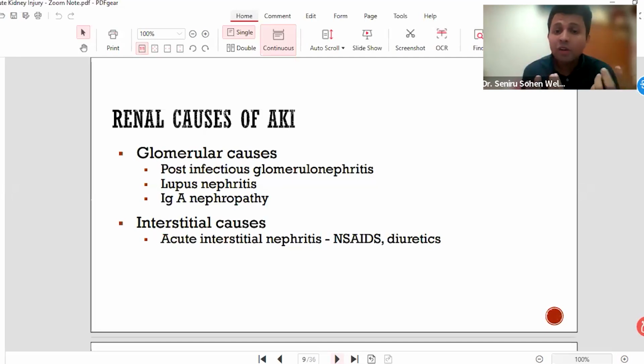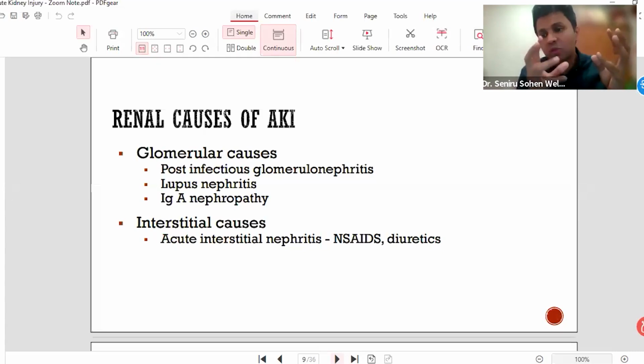That is, they would not have that much edema, but they would have intravascular volume overload with hypertension and reduced urine output. Classically, patients with glomerular nephritis can present with microscopic or macroscopic hematuria, and they can have features of glomerular damage, which are known as red blood cell casts or dysmorphic red cells.